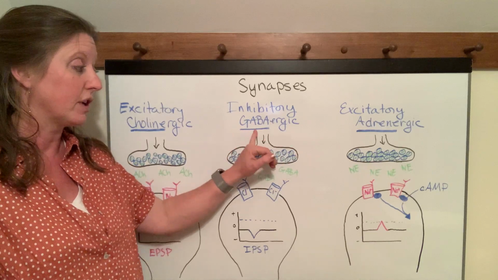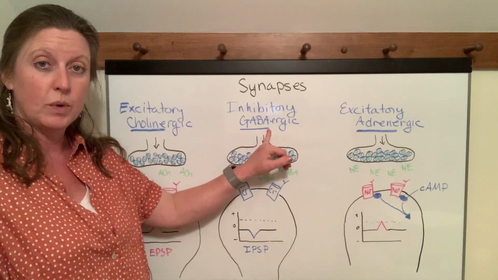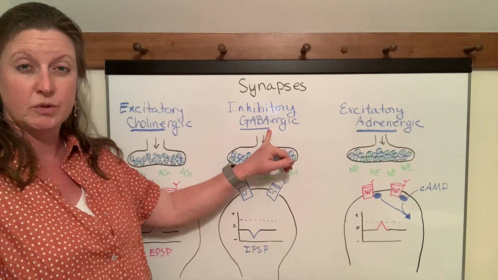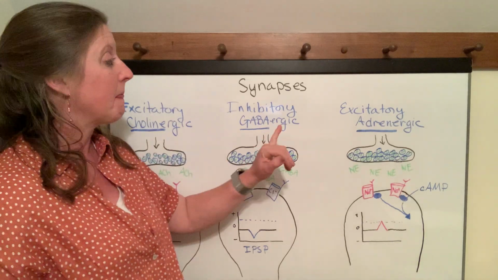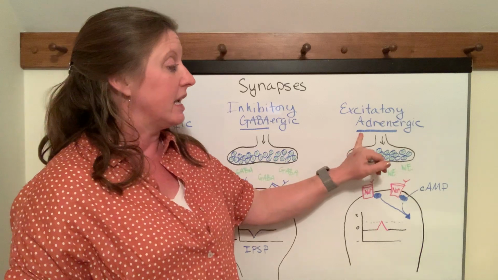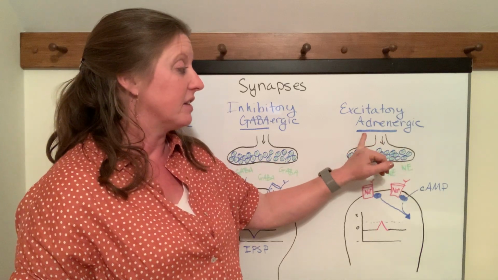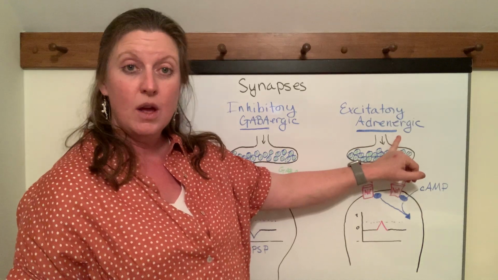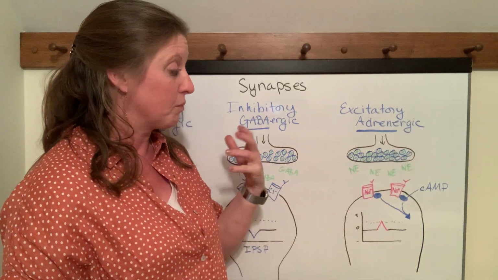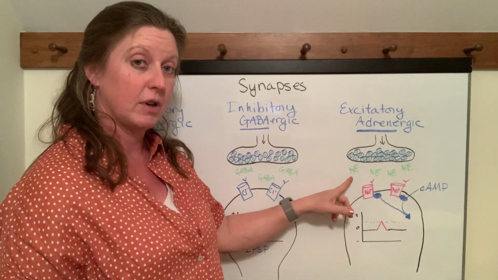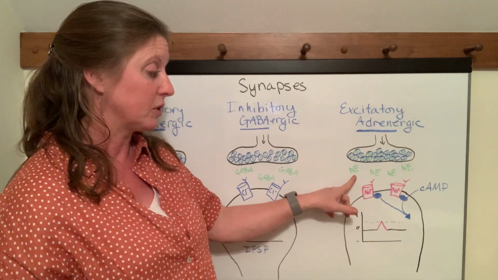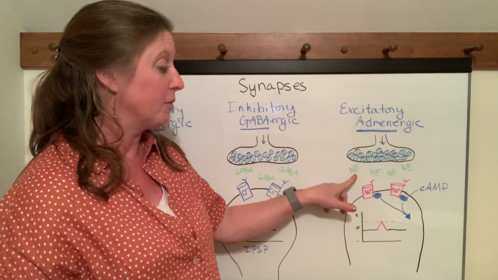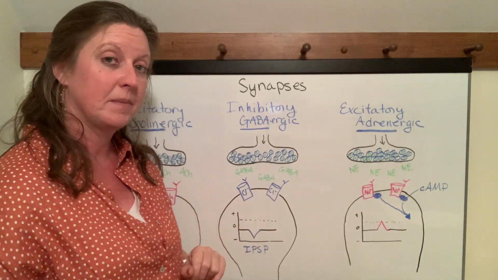GABAergic, the neurotransmitter is GABA, which stands for gamma aminobutyric acid, or something like that. The third one is adrenergic, and the adrene here should remind you of the word adrenaline, whose proper name is epinephrine. This kind of synapse uses norepinephrine, a form of epinephrine, which is abbreviated NE.